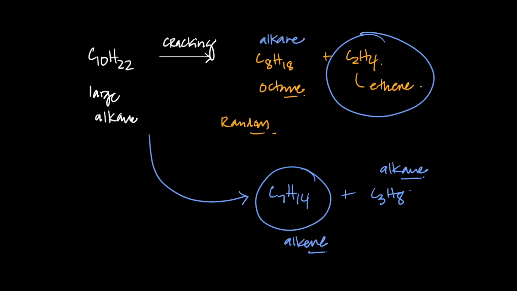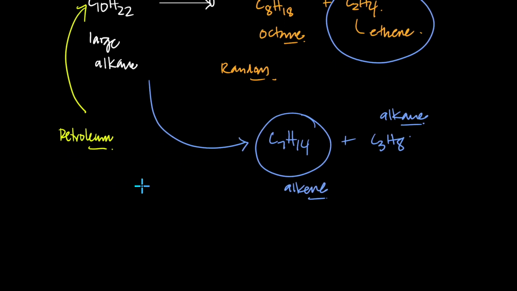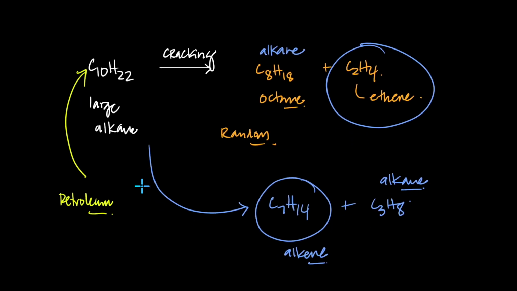And these large alkanes come from crude oil or petroleum. We get them from petroleum. So what is cracking? It takes large alkane molecules and breaks them into smaller useful ones. Now why do you call them useful?